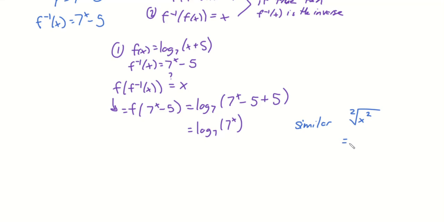What is this equal to? x. My exponent and my index are the same. Over here, my base and my base are the same. So what do you think this is going to equal? Just x. So these bits cancel each other out because they're inverses. So I'm left with just x. That was the easy one.